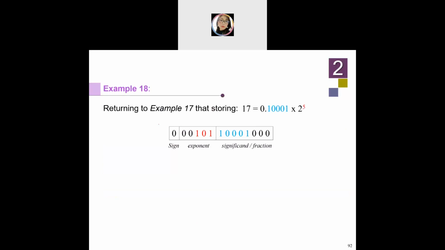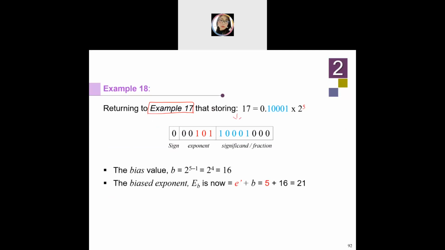Okay, a similar example. Just now you looked into the example number 17. This is the answer we already came up with. But how do we apply our bias exponent? First of all, over here, we can see that our n value for the exponent is 5 bits. So we have 5 here.